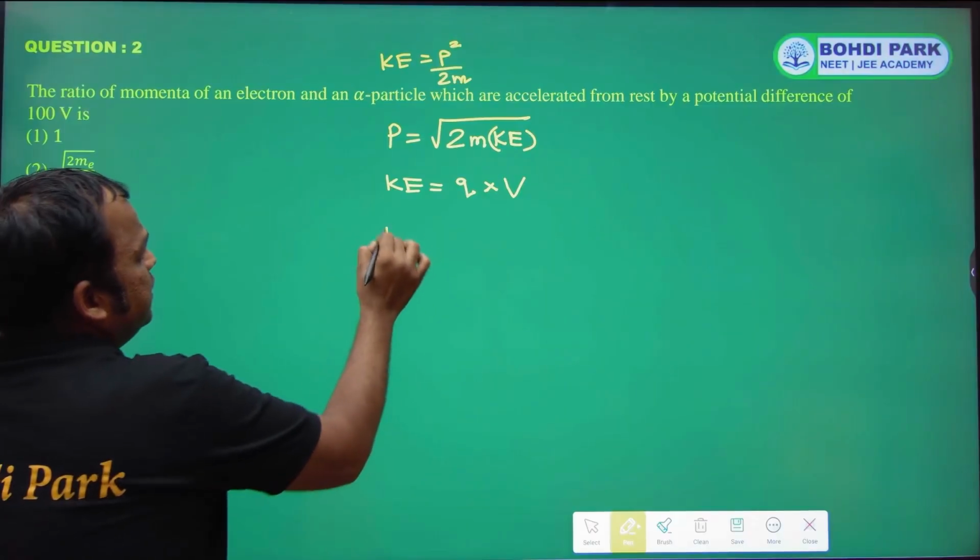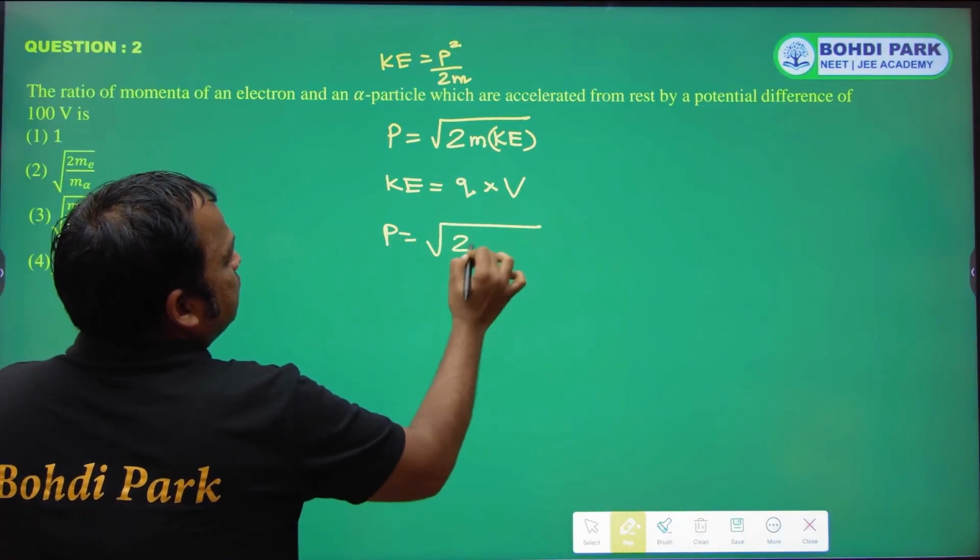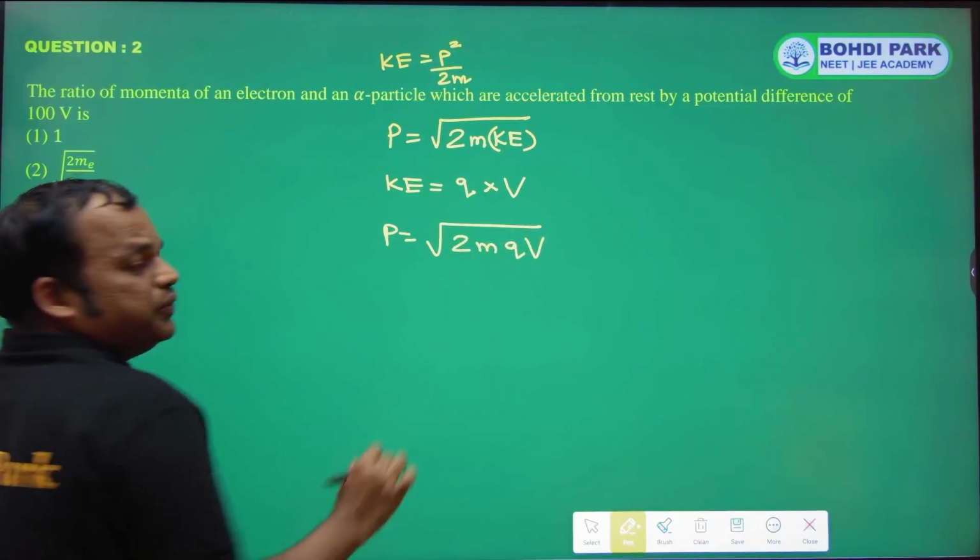So we have momentum is equal to square root of 2m into QV.